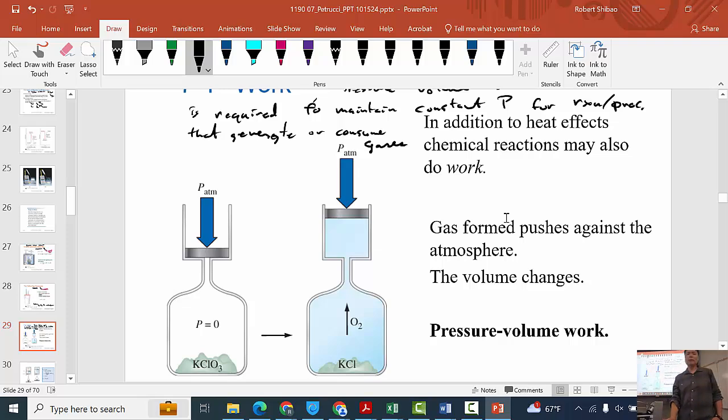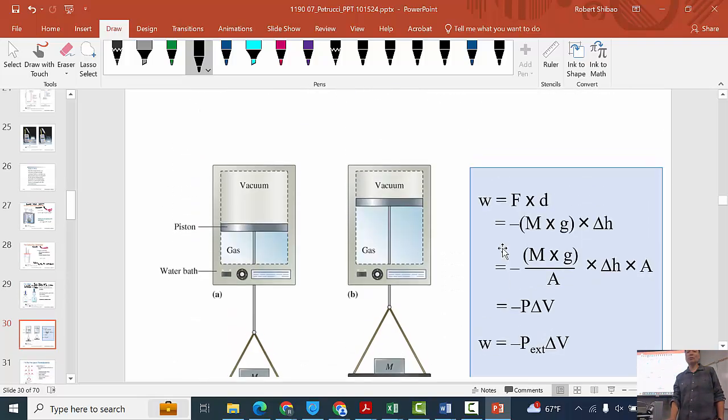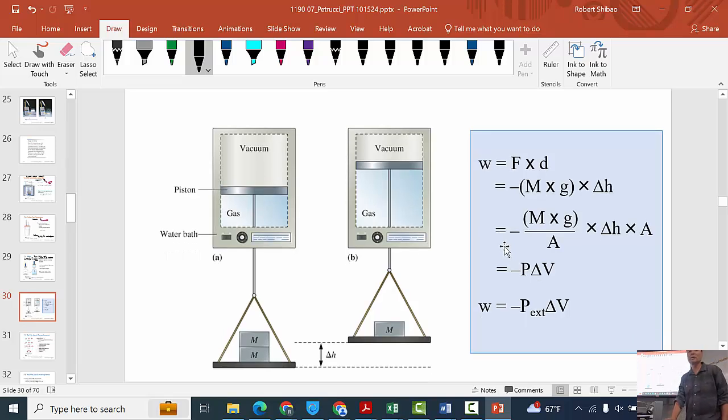So we can calculate the amount of work by relating it to mechanical work. So let's say the gas is here and we want to expand, make more room for the gas to maintain constant pressure. So what they did was they just removed one of these masses and let the gas expand. If you remove one of these masses, then we just have the single mass, and that single mass is going to be lifted up by h, the height here.